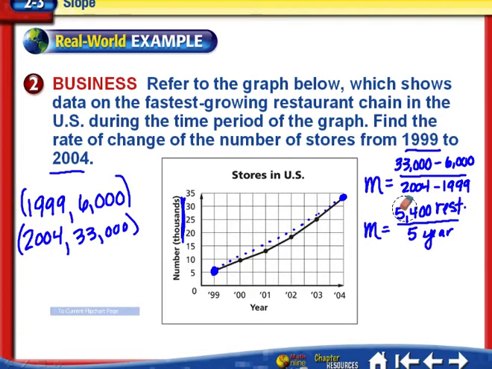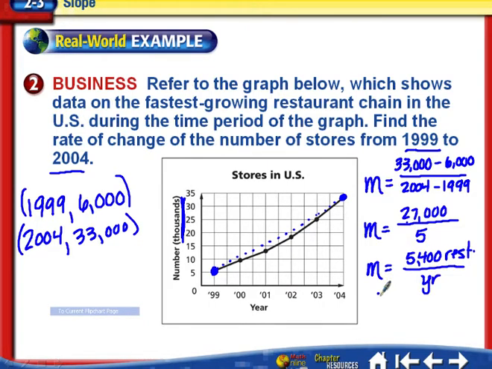And I messed up on my calculation because I'm giving you the whole thing. So this really was 27,000 divided by 5, and our slope then becomes 5,400 restaurants per year. I got a little ahead of myself looking at my notes. Okay, and that's how you calculate rates of change and slopes using 2 points or using a graph.